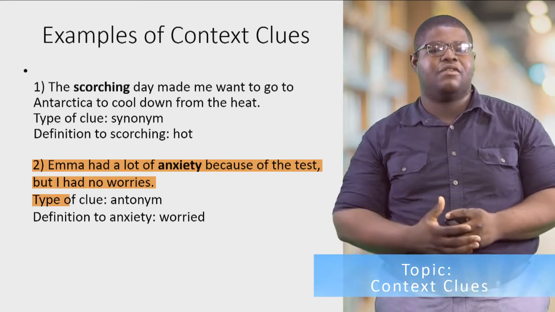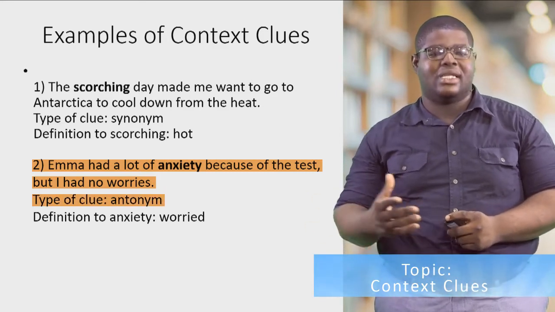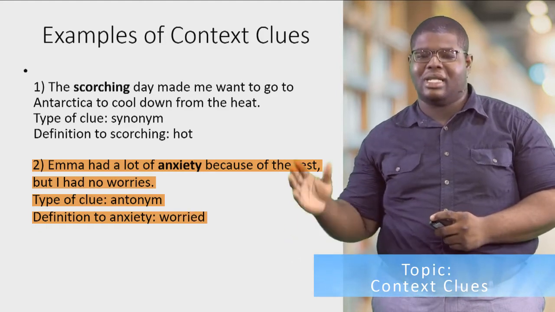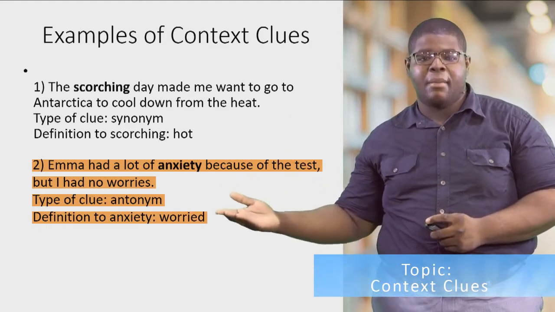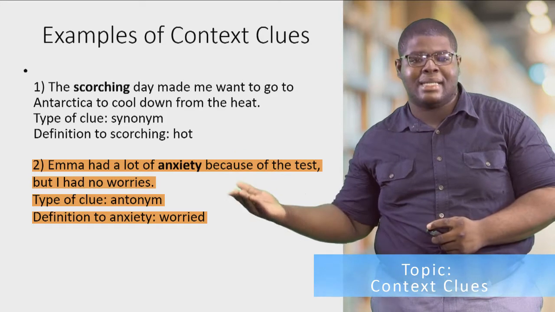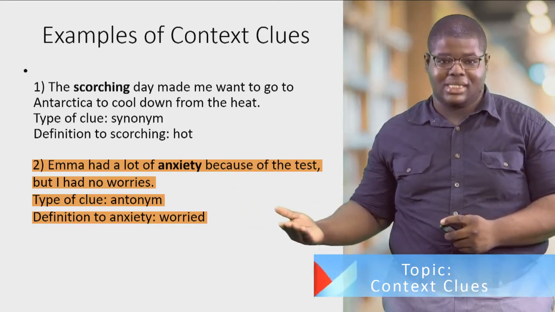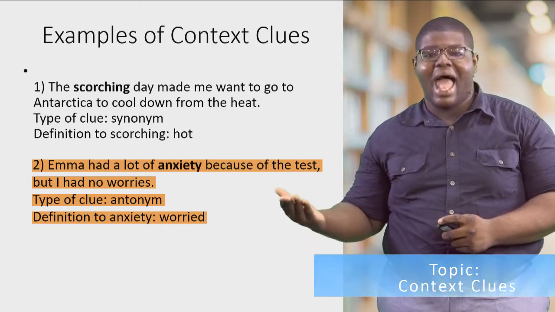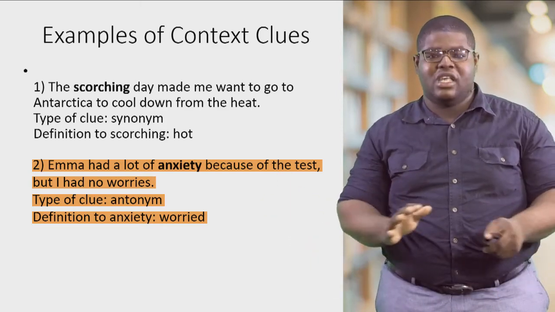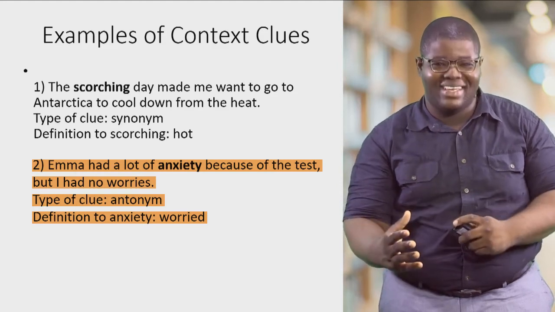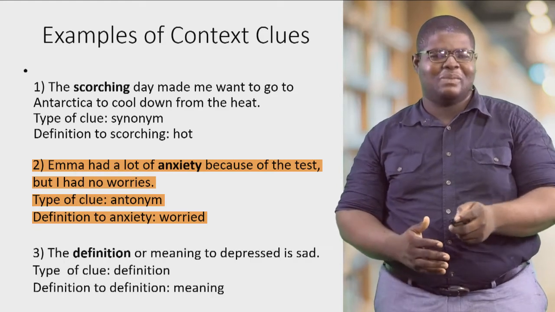And then we have the type of clue, antonym. And we understand that the definition to anxiety is worried. Because look at the contrast in the sentence. Emma had a lot of anxiety because of the test. Then we have the conjunction but, indicating a difference. I had no worries. So if you had no worries, this tells us that anxiety talks about being worried. So we reason it out.